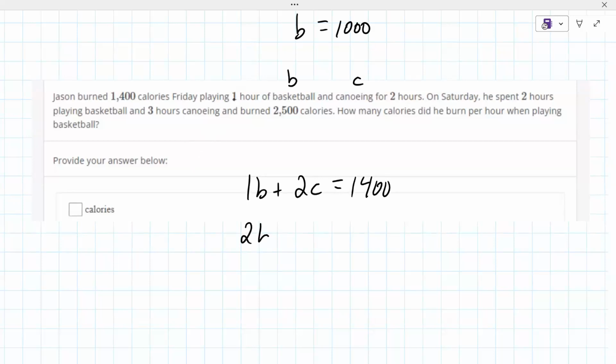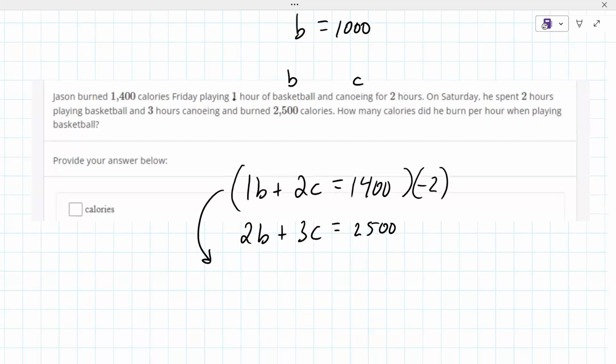And then 2b plus 3b. Can't be the same variable. So you said 2B plus 3C. Sorry. And that's 2500 calories. So this time we're going to multiply the first equation by -2. Can you tell me what to write down here in the next line when we multiply everything by -2?